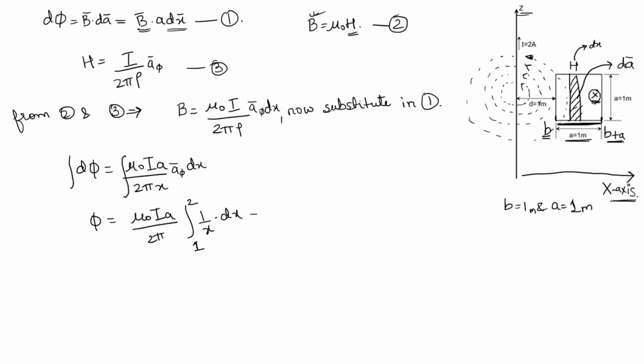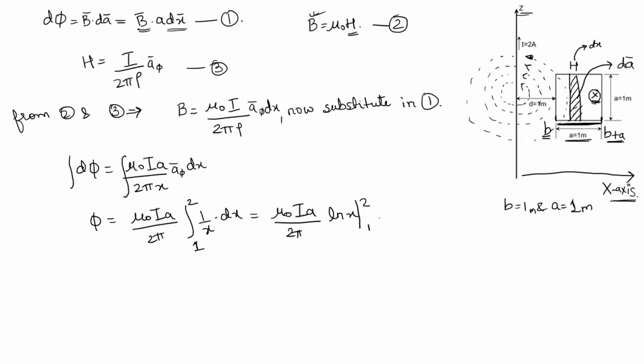So what it will become is μ0 I a upon 2π, and this will be ln x, and the limits will be from 1 to 2, right?